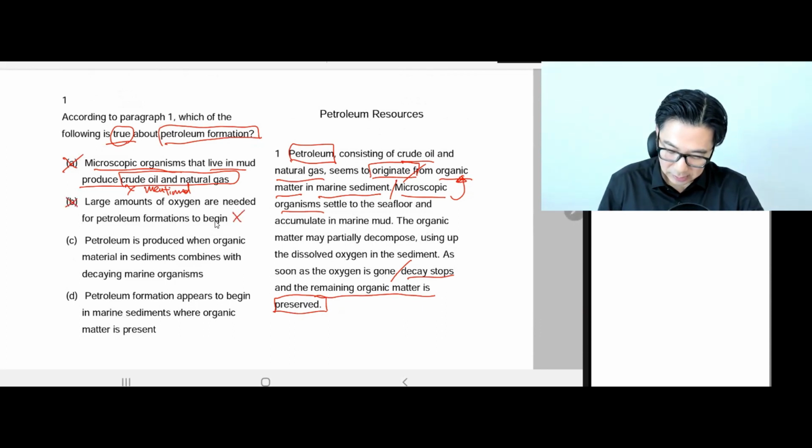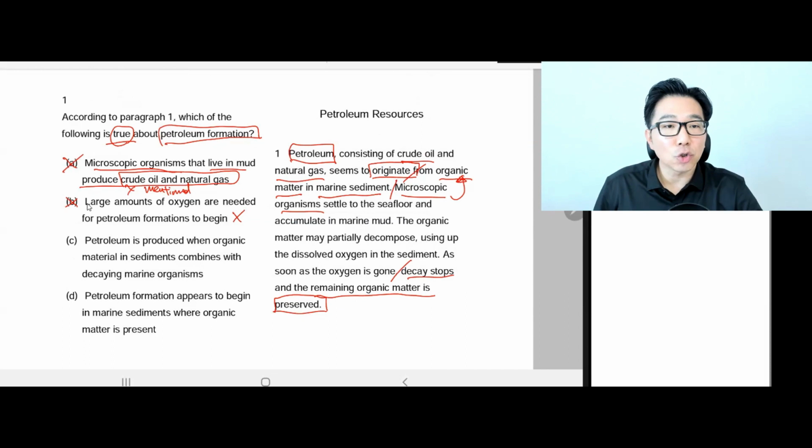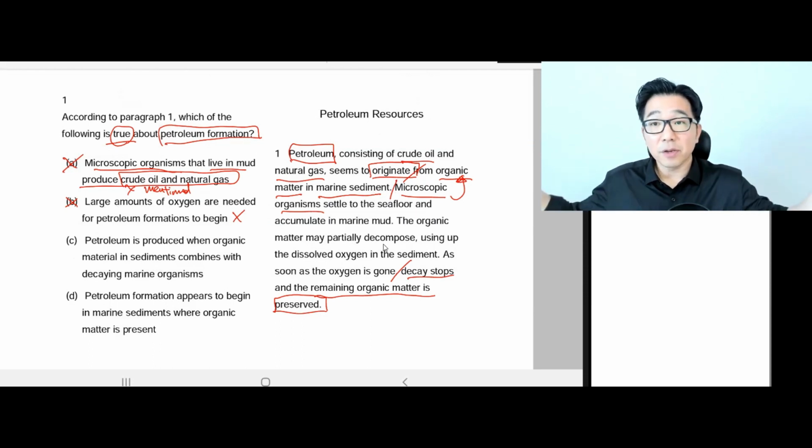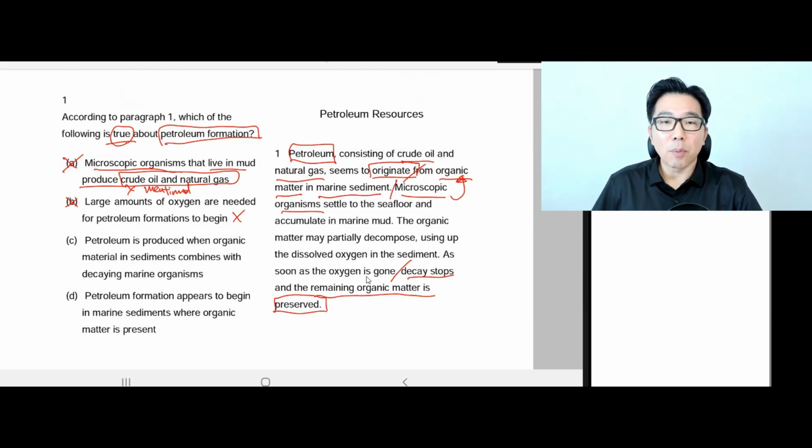Okay, because just to emphasize one more time, if there are lots of oxygen, then all the sediments, organic matter, microscopic organism will be all decayed, decomposed, rotten, and disappear. So there will be no starting point of petroleum at all. Okay.